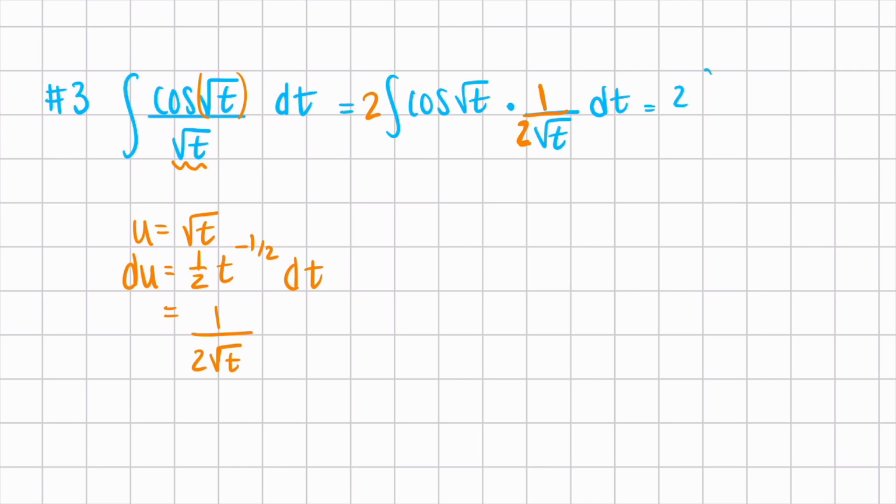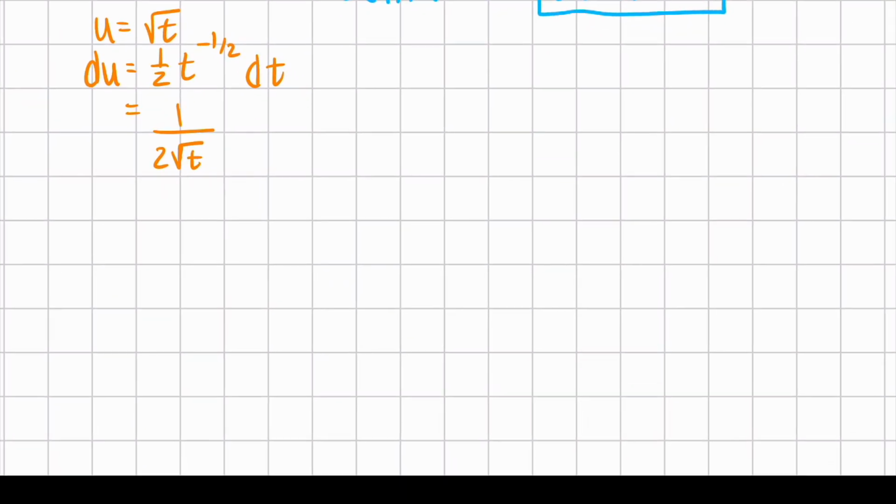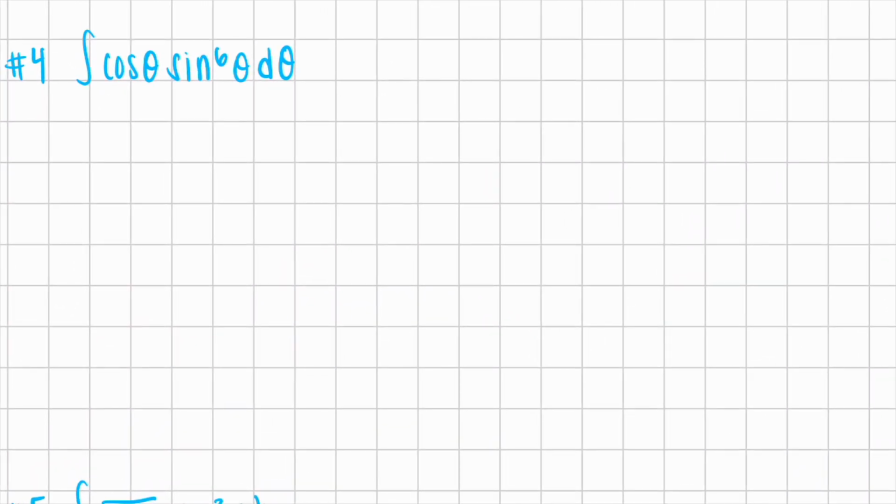Now I can rewrite everything to be in terms of u, cosine of u du. So the integral of cosine is sine, so 2 sine of u plus c. Substitute back in: 2 sine of the square root of t plus c. We've got a few more examples.